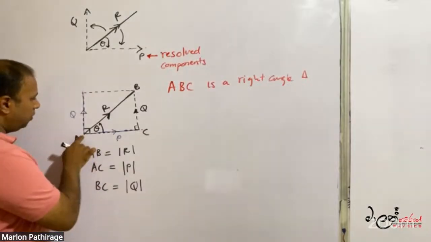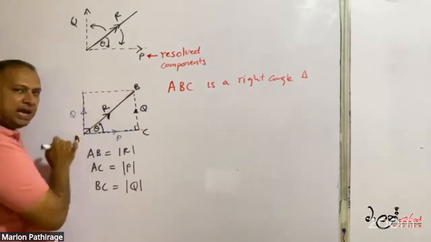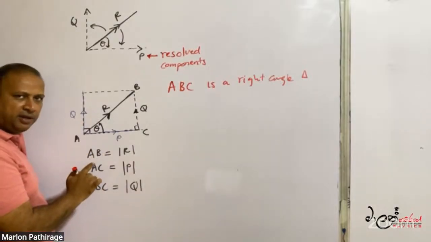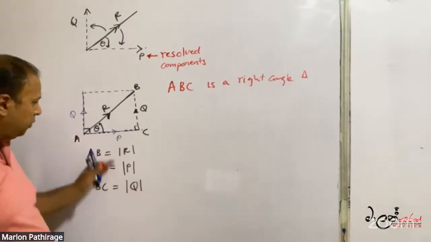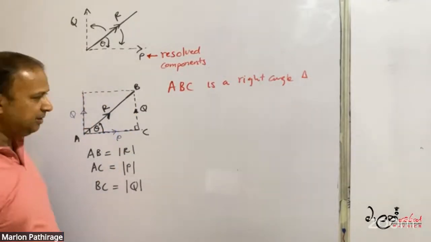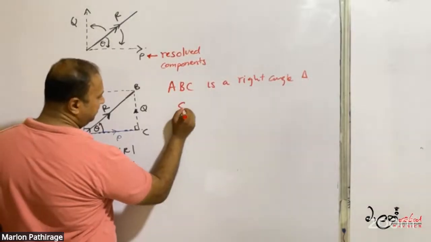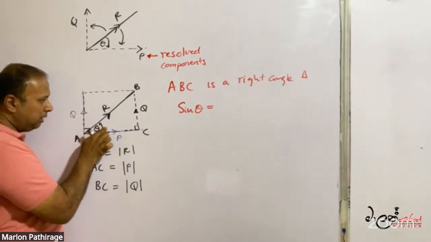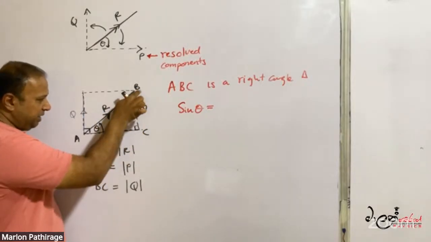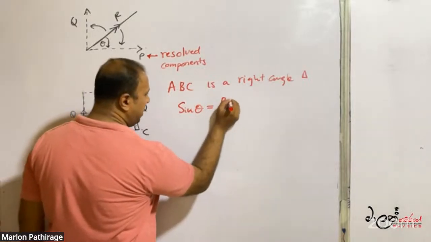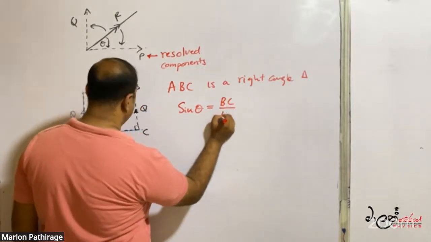And you know AB length, that is R. Therefore, if you write trigonometric ratios with ABC length, then sin theta is equal to this length BC, the opposite side, over hypotenuse AB.